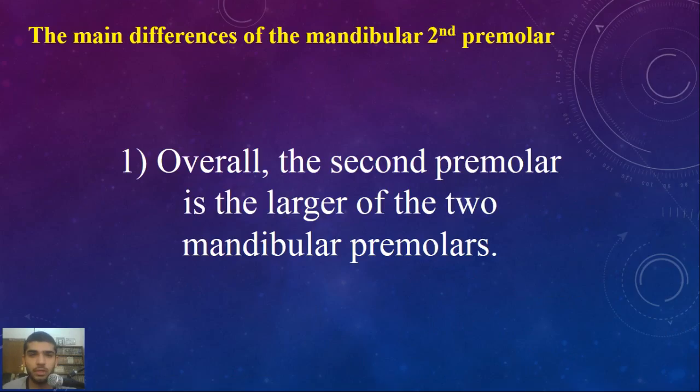Now we will take the main differences of the mandibular second premolar from the mandibular first premolar. What are the differences between the first and second premolar? Overall, the mandibular second premolar is the larger of the two mandibular premolars. This is the first difference.